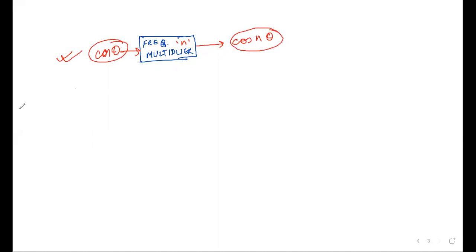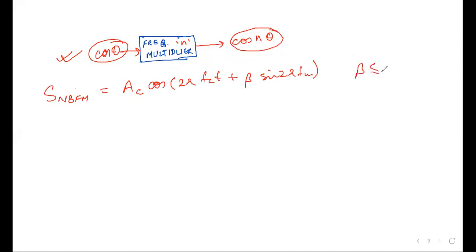So in case of narrow band FM, we have the signal, let it be Ac cos of 2 pi Fc t plus beta sine 2 pi Fm t, which we have seen in the previous classes, where beta is less than or equal to 1.